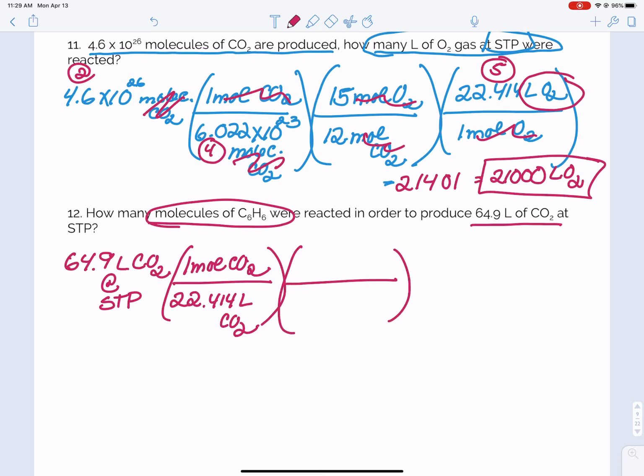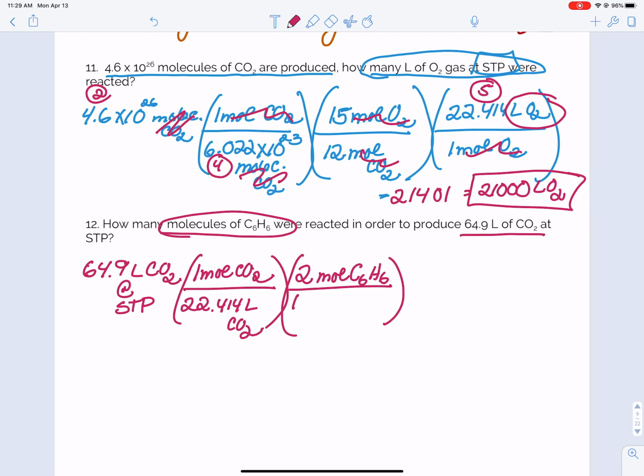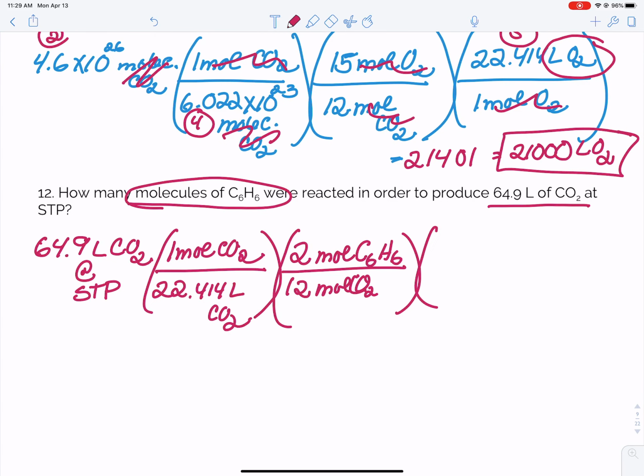Now I go to the coefficients from the balanced chemical equation, right? I want to know about molecules of C6H6. The coefficients tell me that 2 moles of C6H6 will react, and they will produce 12 moles of CO2. And then the question asks, now that we have moles of C6H6, it wants to know how many molecules that will be, right?